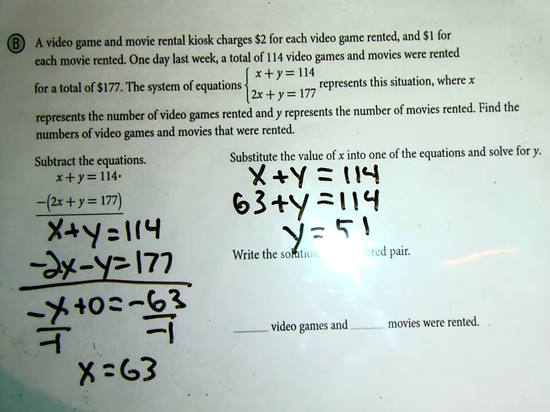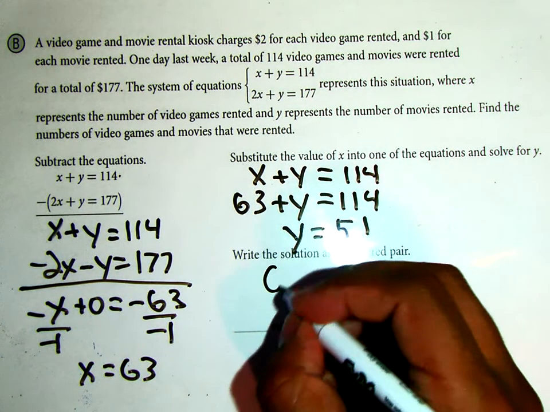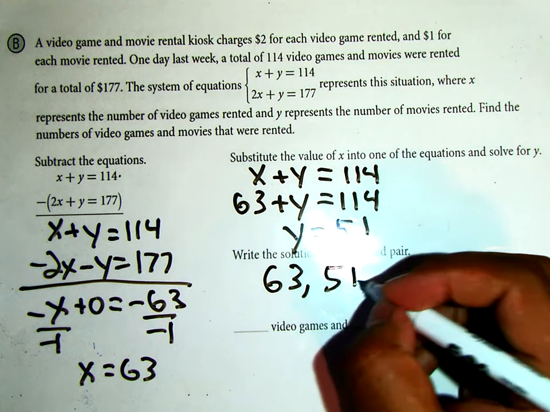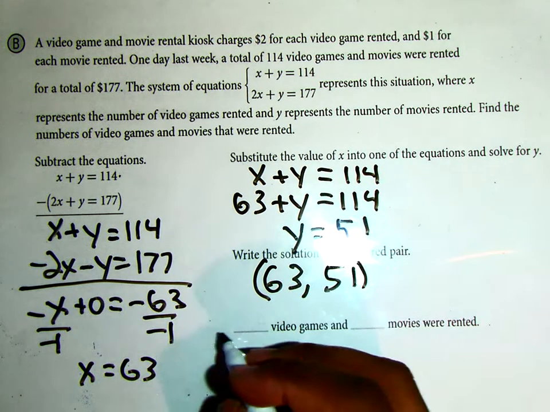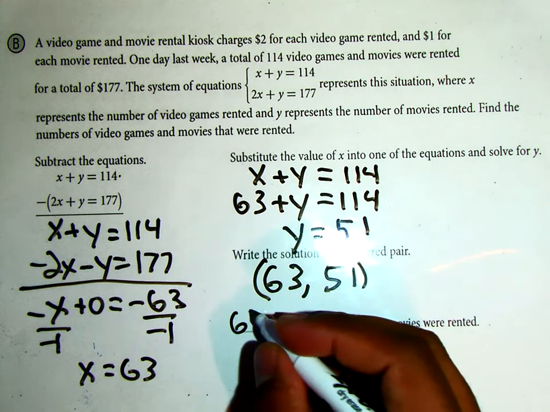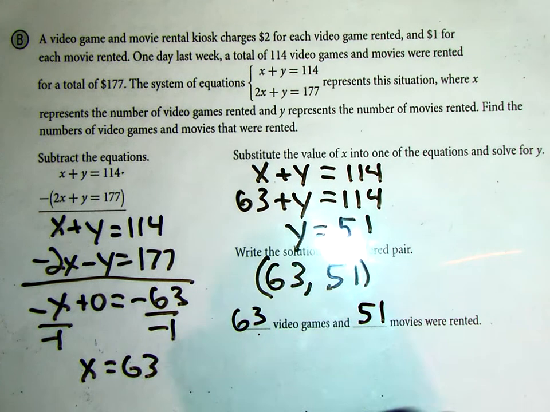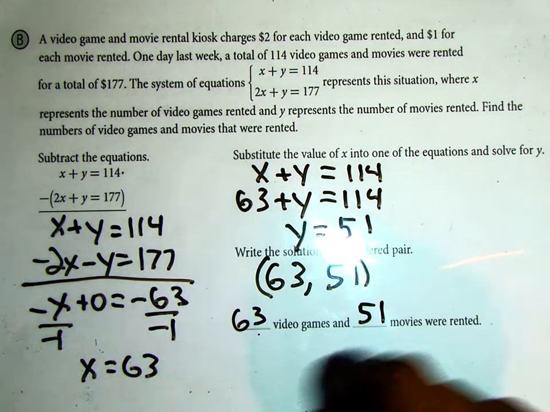So my ordered pair would be 63 and 51. And in real world terms, there's 63 video games rented and 51 movies. So that's a real world example of how to use a system of equations to find something out.